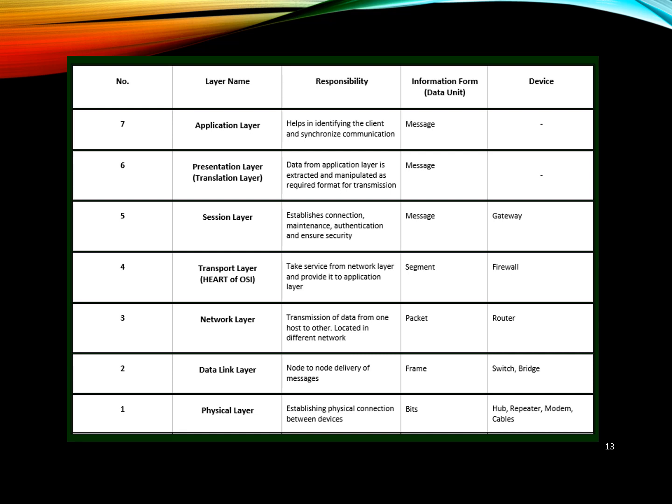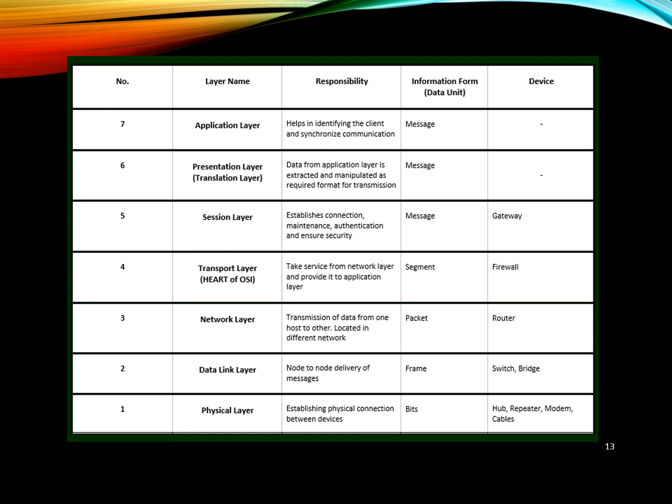Fifth is the session layer, which establishes connection, maintenance, authentication, and ensures security, as we discussed before. The transport layer, the heart of OSI, takes service from the network layer and provides it to the application. The network layer handles the transmission of data from one host to another located in a different network.